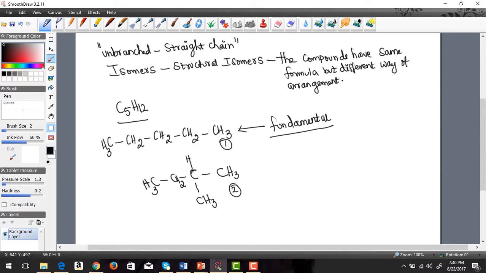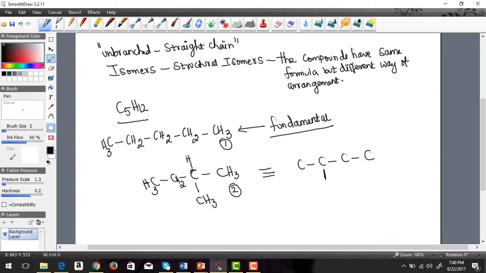What most of you would probably do is take 3 and put it here. Well, this is the same as this, except you're starting from the other side. These two are the same and they don't count as a separate isomer. Just because you moved it, you still have 4, and you started from the other side.